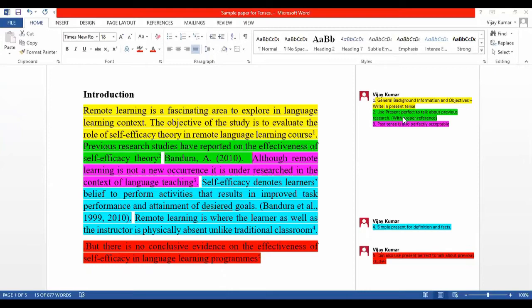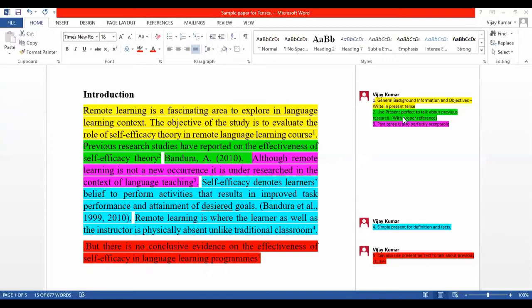So in that context, you will use the simple present. Take a look at the sentence highlighted in blue. Self-efficacy denotes learners' belief to perform activities that results in improved task performance. So you'll be using simple present when you define facts.